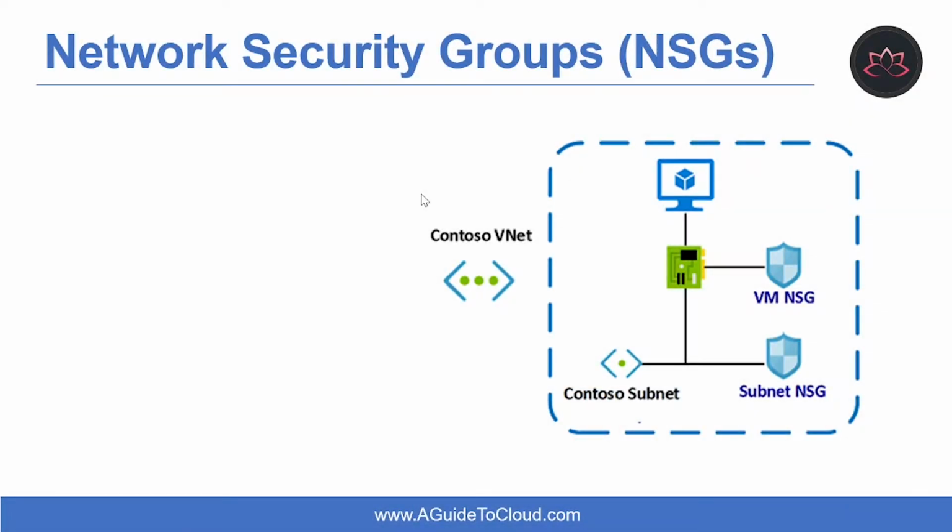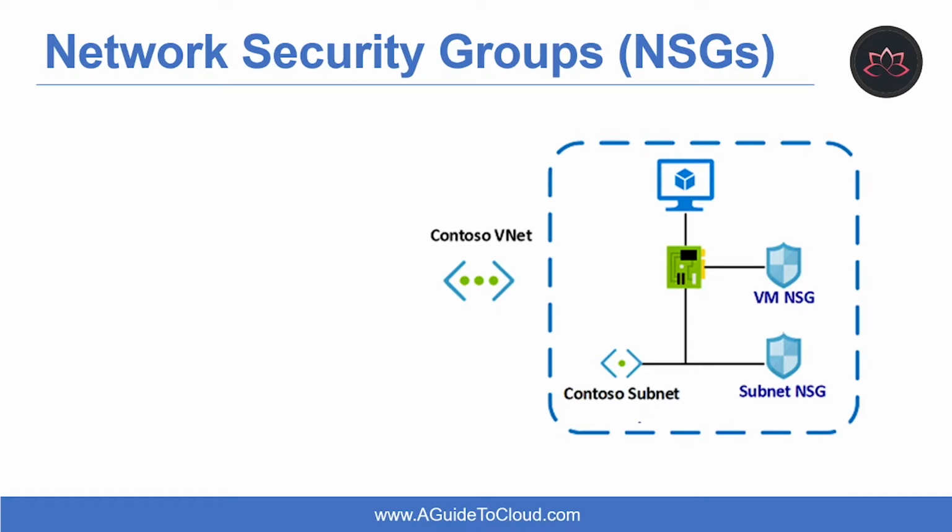So what are NSGs? Network traffic can be filtered to and from Azure resources in an Azure Virtual Network with a network security group. A network security group contains security rules that allow or deny inbound network traffic to, or outbound network traffic from, several types of Azure resources.